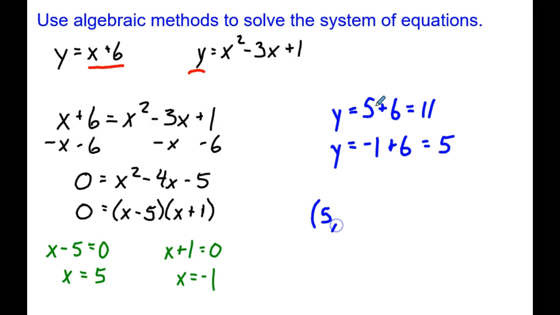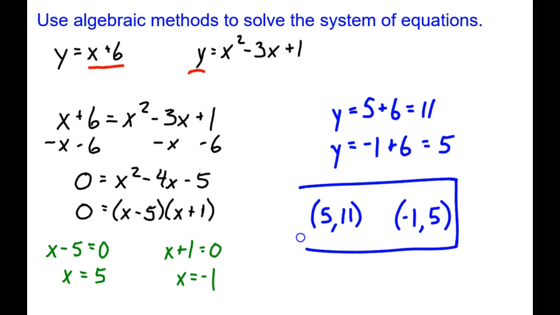We have an x value of 5. When I had that x value of 5, my y value was 11. And then we also had an x value of negative 1. And when I had an x value of negative 1, my y value was 5. So these two ordered pairs are the solutions to this nonlinear system of equations.